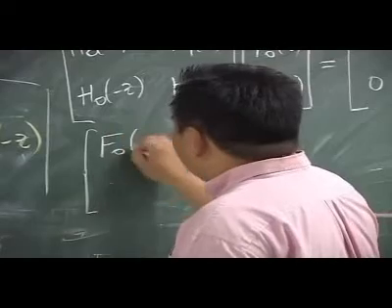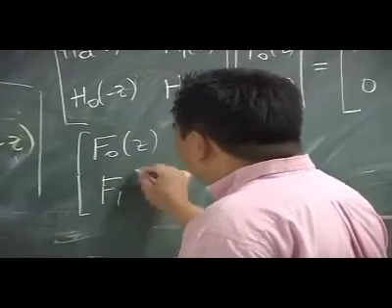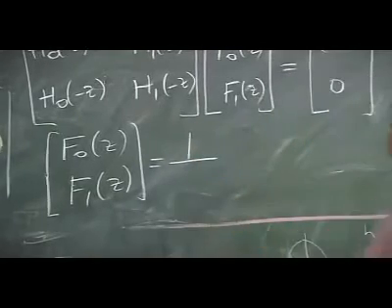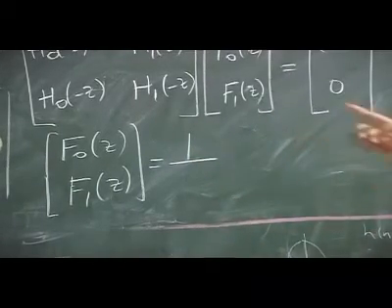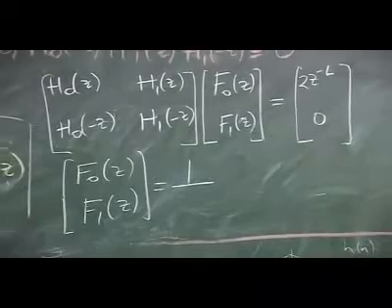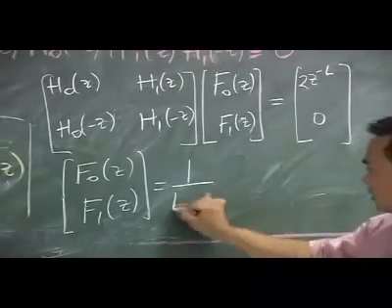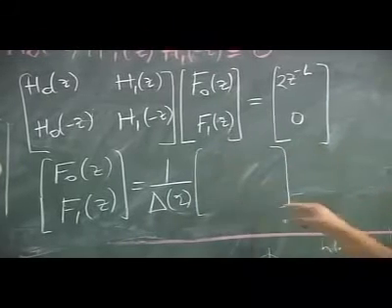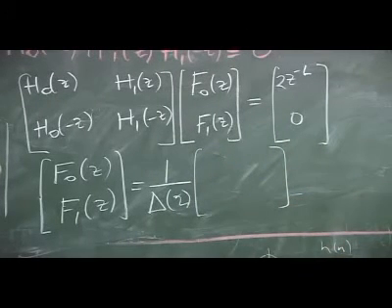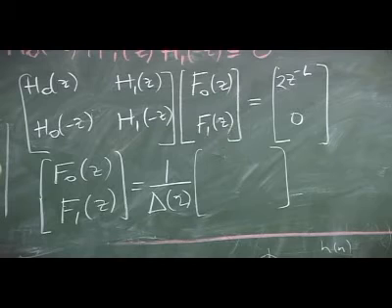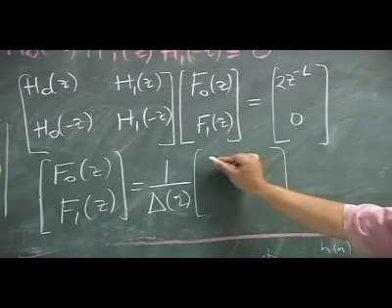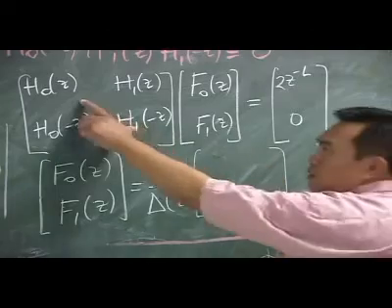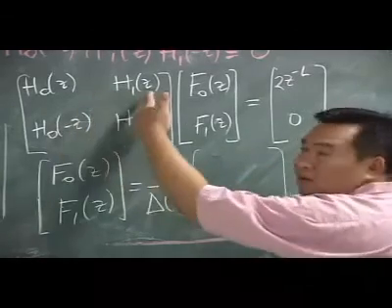The reconstruction filter F is a function of H. 1 over what? Who remembers how to invert a 2 by 2 matrix? The determinant, delta Z. What's here? Minus. What do I have here? H1. So we flip that and use a minus sign, right?